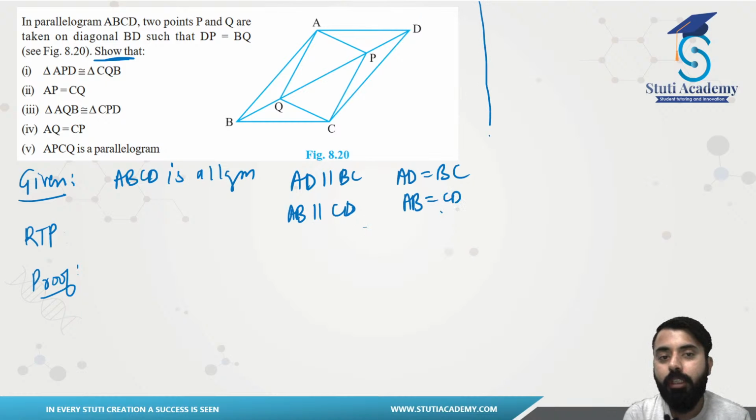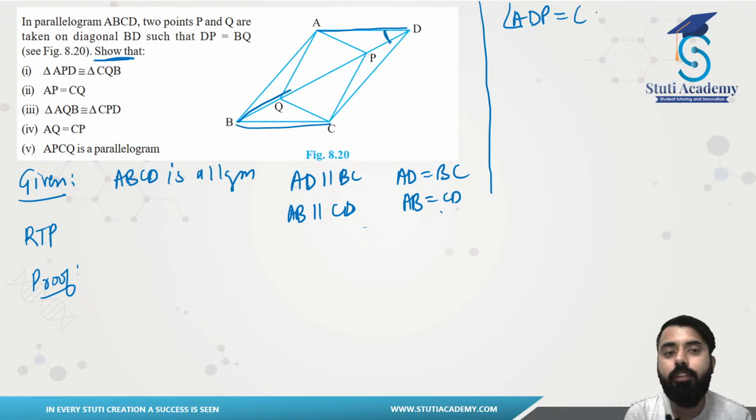And you guys know, if AD is parallel to BC and BD is the transversal, can I say angle ADP, which is this one, is equal to angle CBQ, which is this one, alternate interior, right?